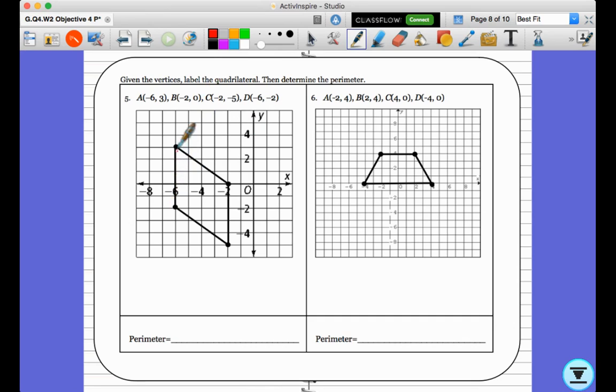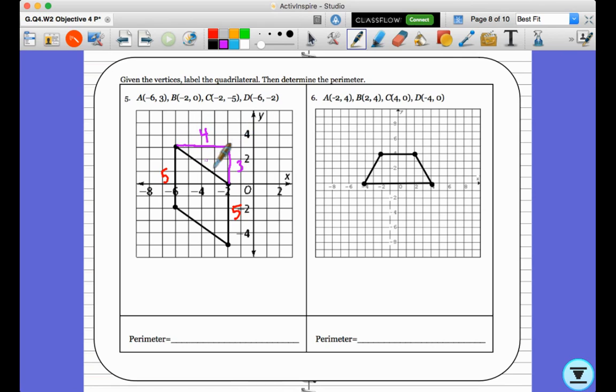1, 2, 3, 4, 5. 1, 2, 3, 4, 5. Right, so I know 5 and 5, and then I like doing a triangle. 1, 2, 3. 1, 2, 3, 4.